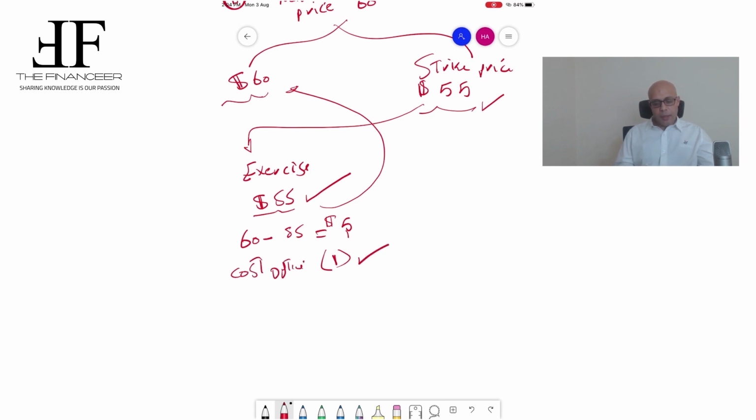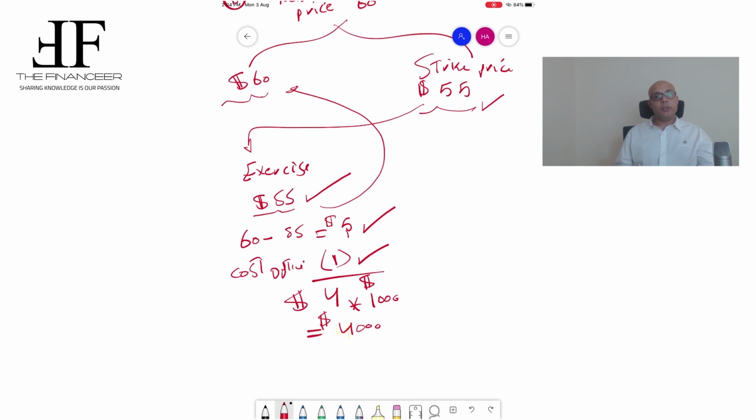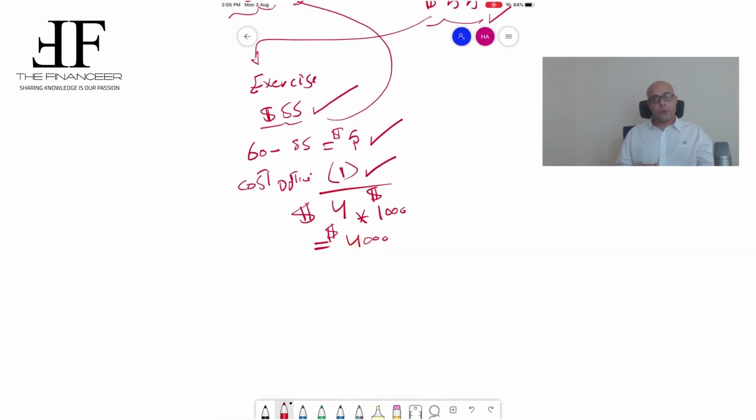So this is the cost he paid, and this is the gain he is going to realize. So the net gain in this case will be $4. If you multiply by 1,000, the total gain for the buyer will be $4,000.